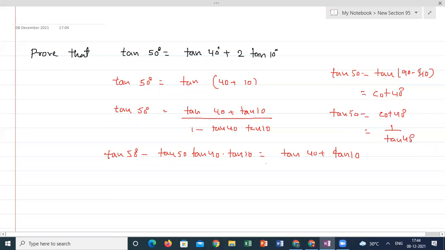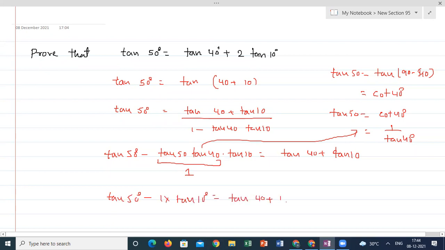So the product of tan 50 into tan 40 is 1. So we can write tan 50 minus 1 into tan 10 will be equal to tan 40 plus tan 10. So tan 50 is equal to tan 40 plus tan 10 plus tan 10, which is 2 tan 10.